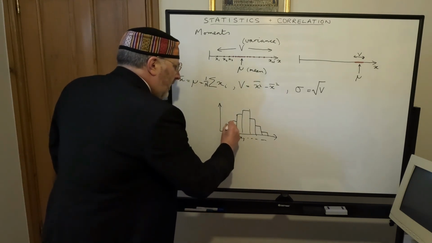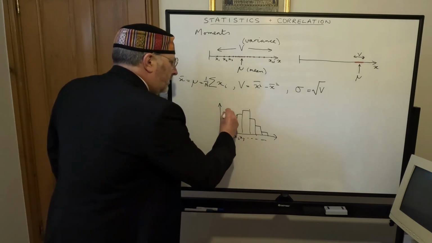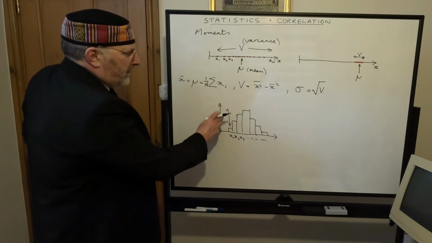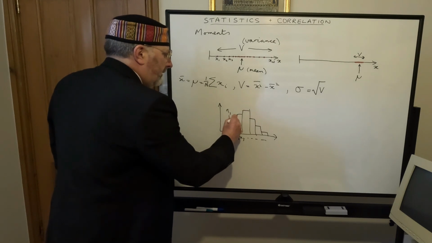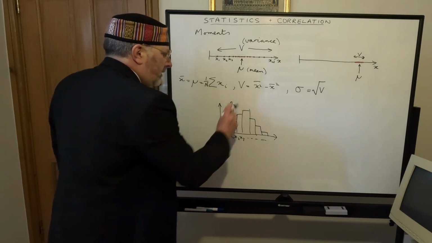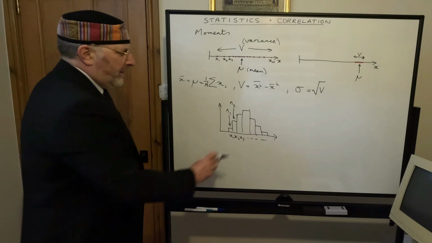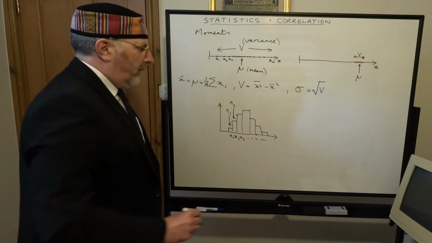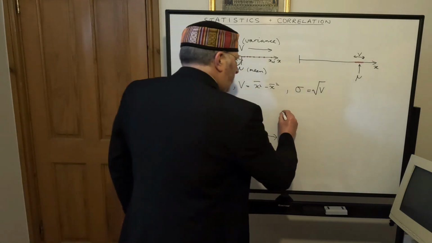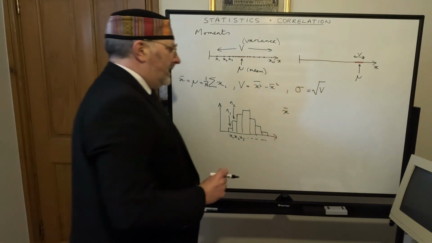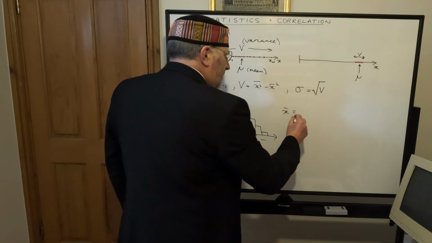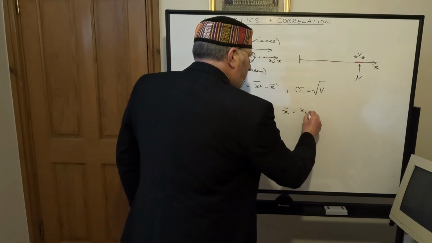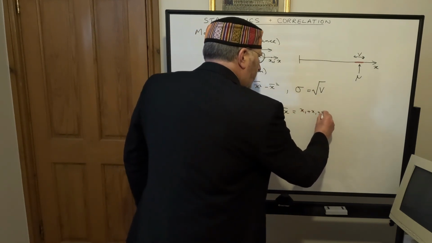And the height of the bar is the number of data points that have the value x1. And then there's n2 that have the value x2, and n3 for x3, and so on. So when we're finding our mean, x bar, we could write that as x1 plus x1 plus x1.